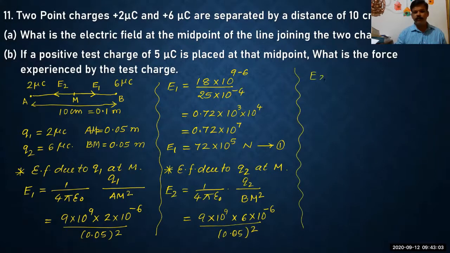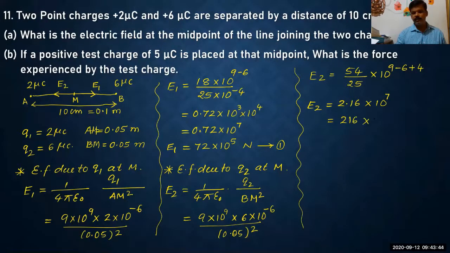Therefore, E2 is 9 6s are 54 divided by 25 into 10 raised to 9 minus 6 plus 4. That is 54 divided by 25, which is 2.16 into 10 raised to 9 plus 4 is 13, 13 minus 6, it is 7. Now shift the decimal two places: 216 into 10 raised to 5 Newton per coulomb.